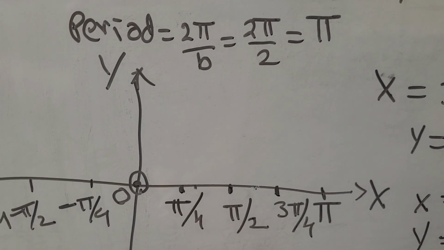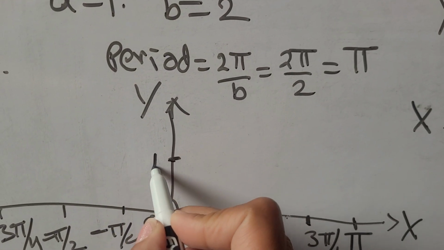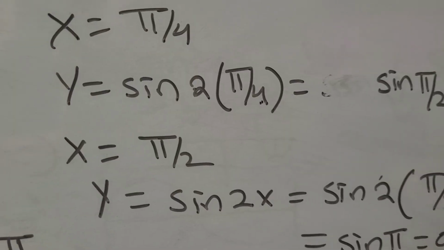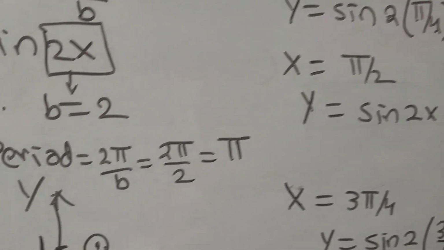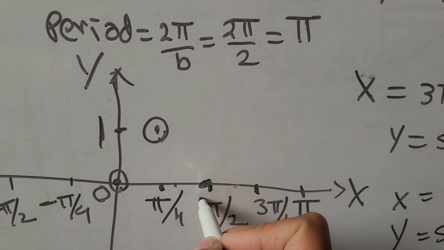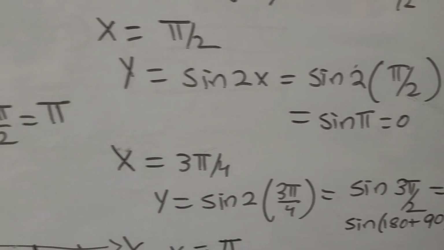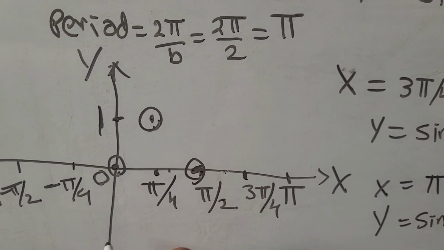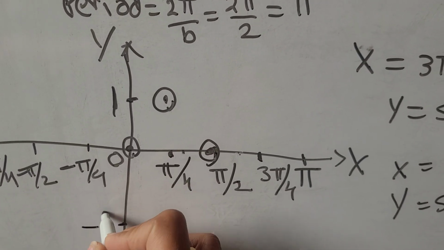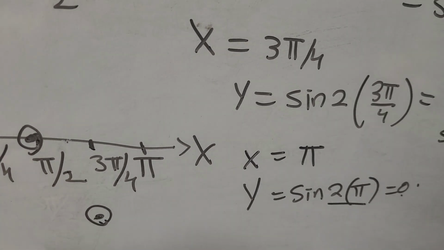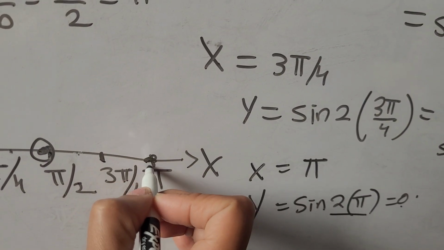For x equal to pi by 2, I got the value as 0, so I'm marking it as 0 here. For 3 pi by 4, I'm going to mark the value as minus 1, and for x equal to pi, I'm going to mark the value as 0 here.